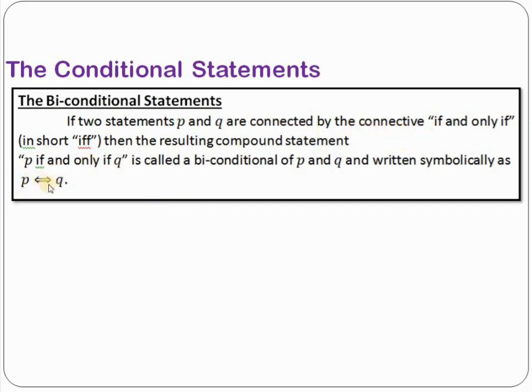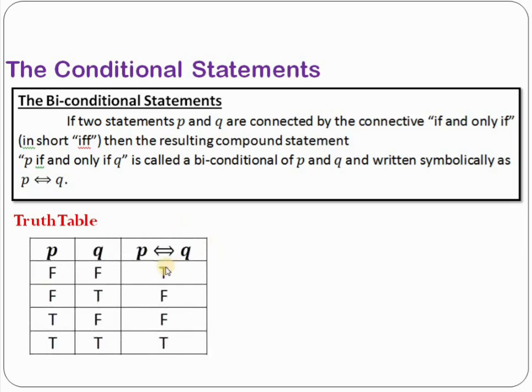This arrow is also known as if and only if. In short form, sometimes you may see IFF as well, which is also if and only if. Here you need to learn one more table, that is the truth table, and this time the truth table will be somewhat like this. That means if both are false, then my answer will be true. If both are true, then my answer will be true. Otherwise my answer will be false.